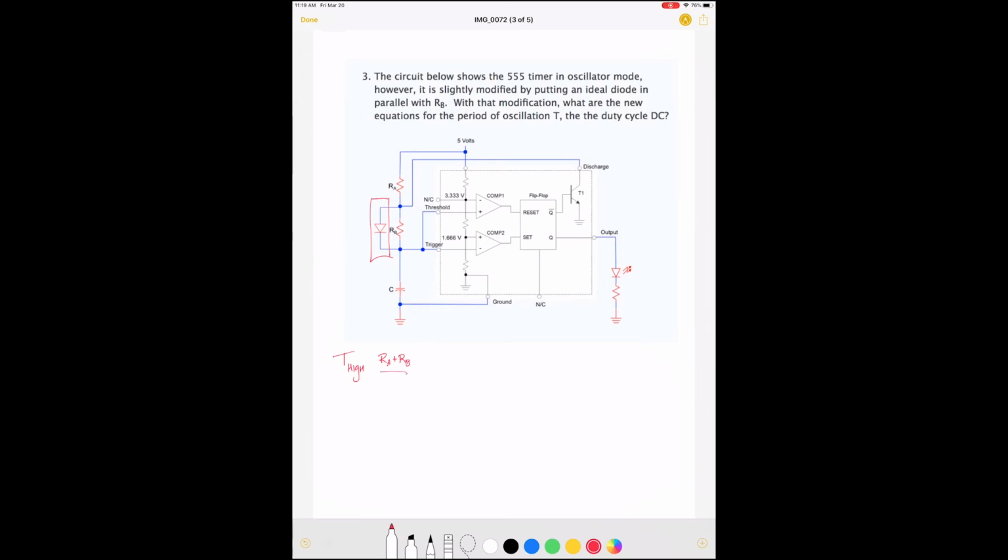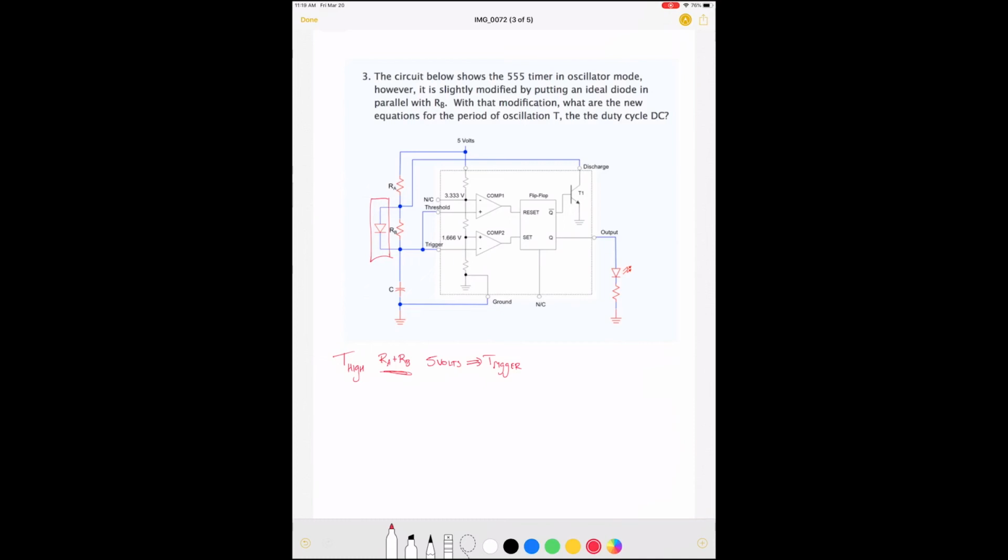But this is just the resistance between the 5 volts and the trigger. I'll draw an arrow to show 5 volts to the trigger. Sorry for the sloppy handwriting.